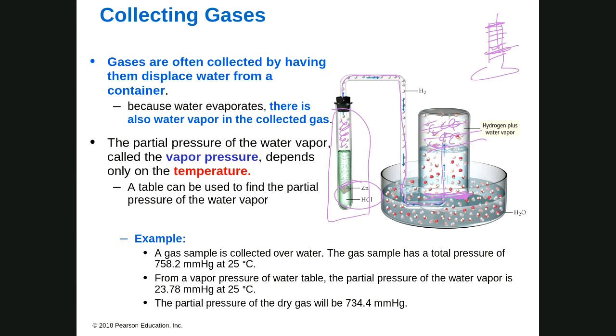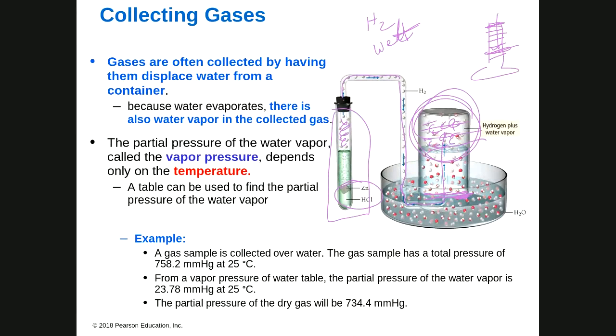And so the partial pressure of the water vapor is also here, because this is a wet environment rather than a dry environment. If I'm capturing hydrogen gas, it's going to be wet, because I am collecting it at this interface of where the hydrogen and the water is.